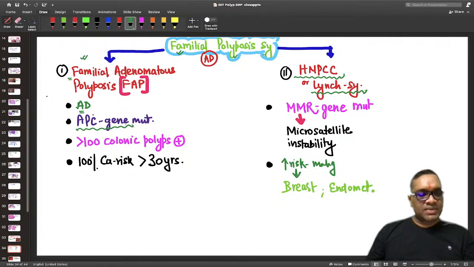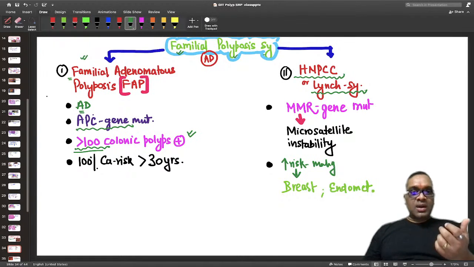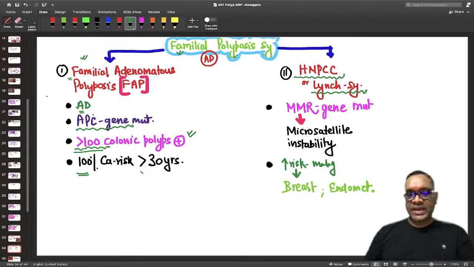APC gene mutation will be there, and on examination you will find more than 100 colonic polyps, which was shown in this picture also, right? It appeared to be more than 100 colonic polyps on gross examination, and they have a 100% cancer risk after the age of 30 years, right?